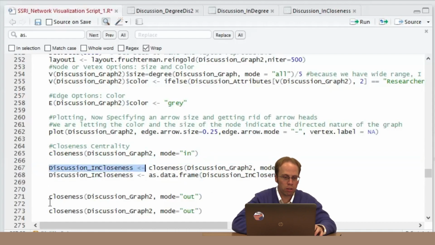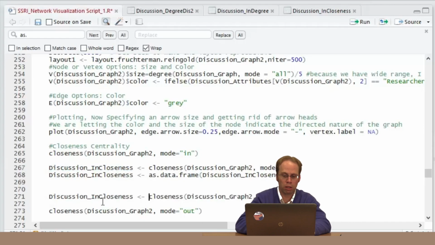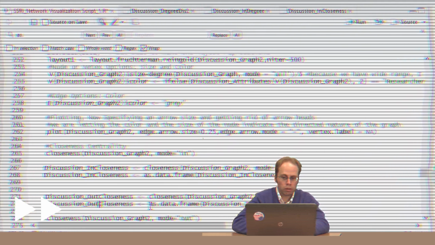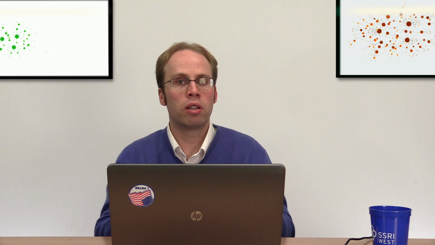We first get the measure out of iGraph, but iGraph is kind of funky and weird, so we then need to make another data object that is a little nicer to work with. When you're doing this not for pedagogical purposes, it would be okay to leave it as vectors or other data objects and then combine them together at the end. But to give a sense, one by one, I'm putting these into data frames.